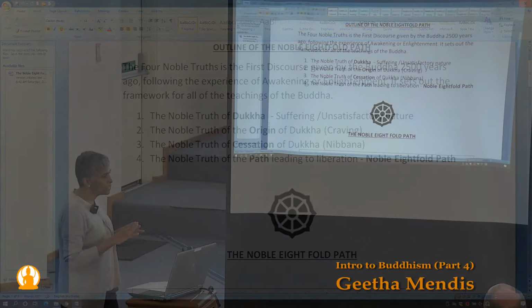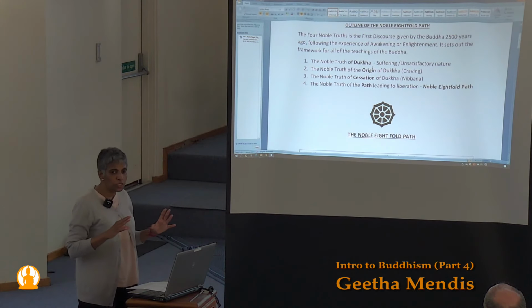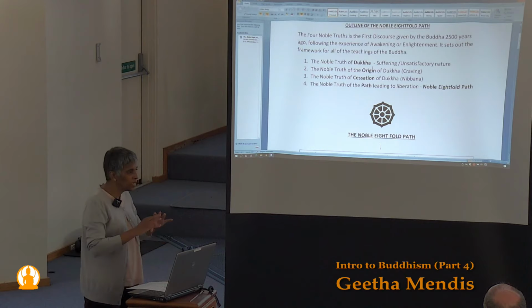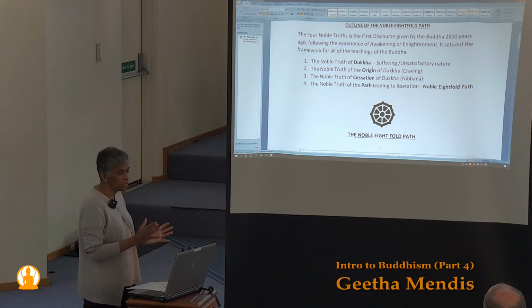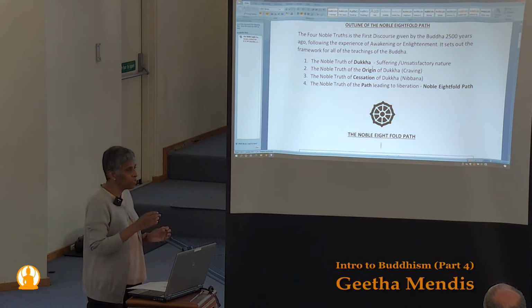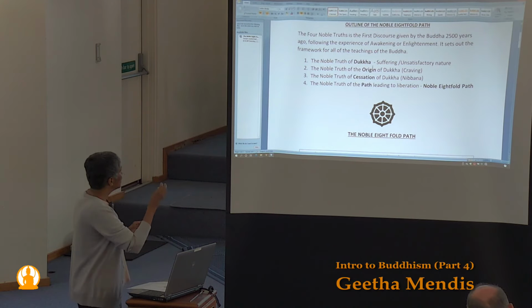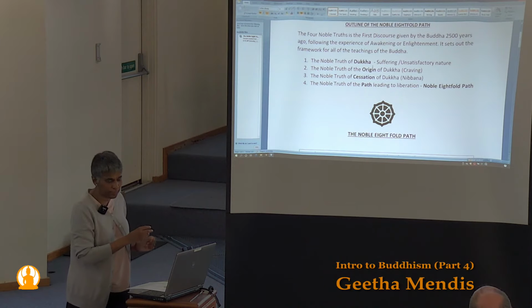In it he gives an outline into which all of his teachings fit. So he lays out this framework which is very clear, and all the discourses that came after elaborate some aspect of the Four Noble Truths.